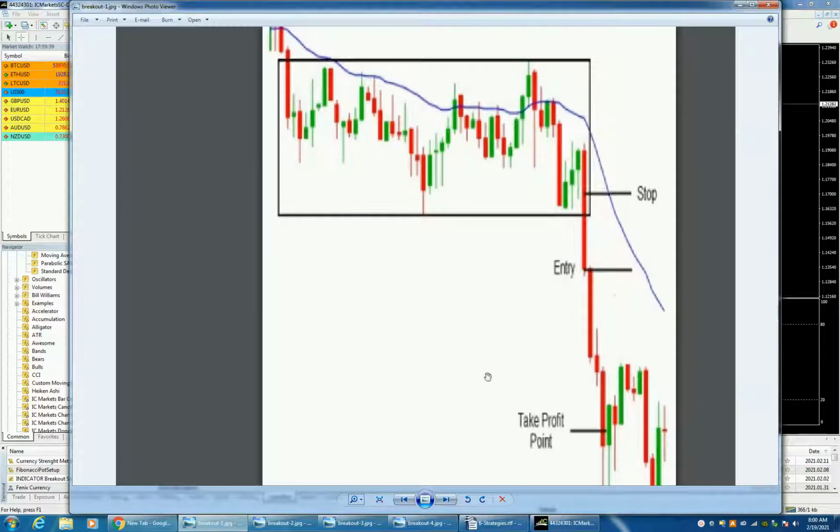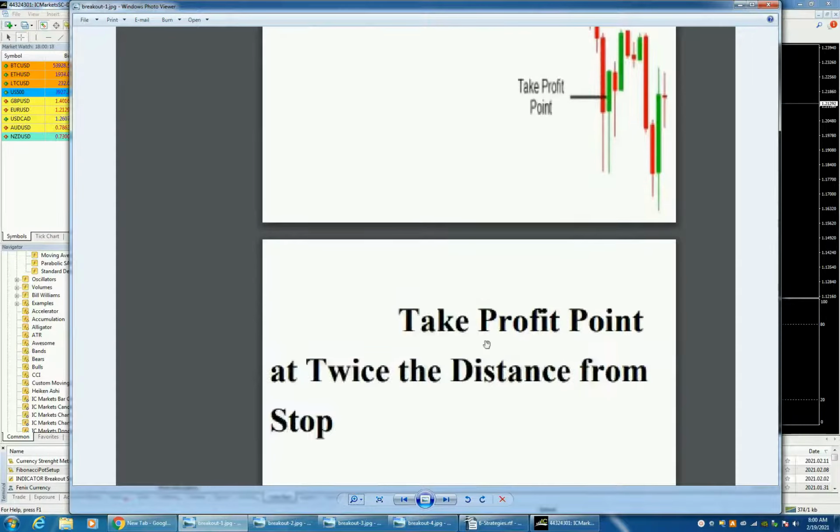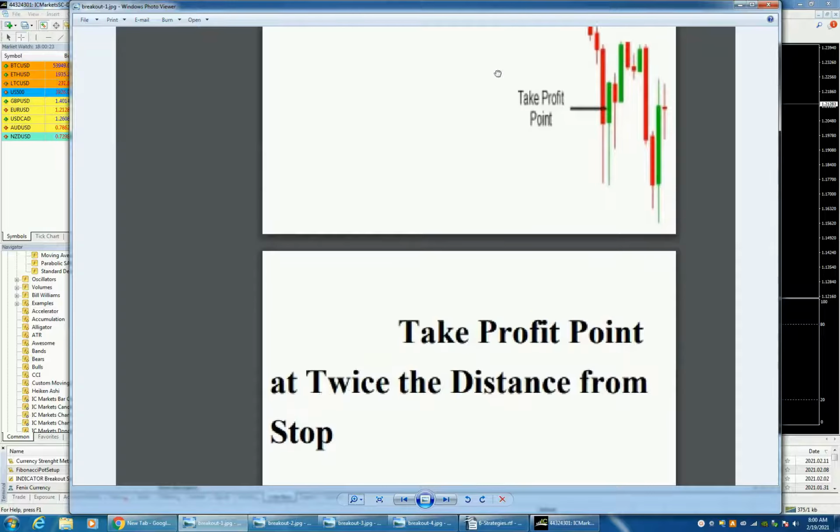So how do you trade this strategy? It's clear here. You can see the stop here. This is your stop loss. This is your entry point on the bar that broke out. And you're going to go for twice. This strategy gives you a 1 to 2 risk to reward. Your take profit point is at twice the distance of your stop.